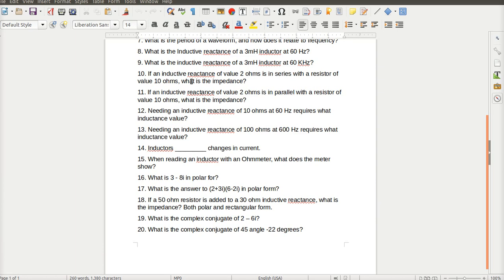Doesn't matter the direction. What happens with an inductor is they oppose changes in current. So if my current is increasing, my inductor is opposed to that, opposed to increasing current. So it's going to act sort of like a resistance.